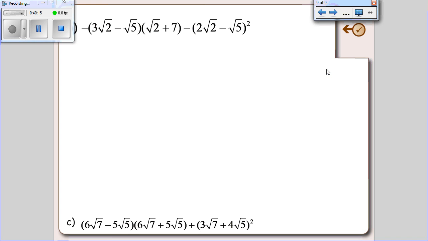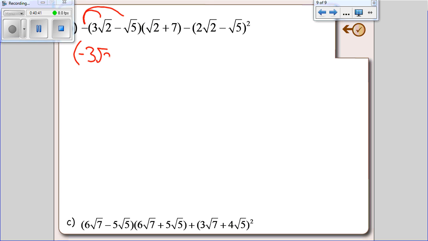This negative right here, I'm going to distribute to both things inside the bracket. So this question's really going to be negative 3 root 2 minus root 5 plus root 2. Good catch, Jason.